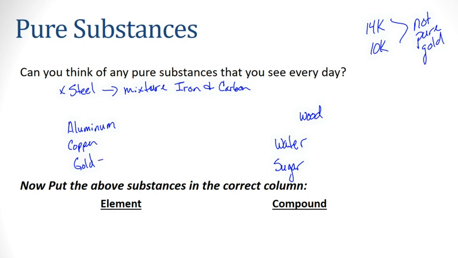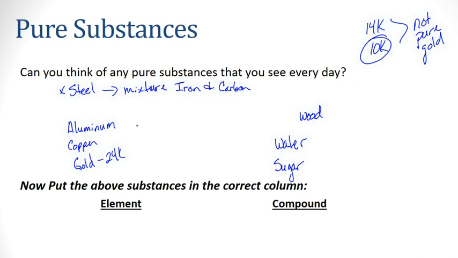Right, so gold would have to be 24 karat to be pure. Very expensive and very bendable. So most rings will be made out of 10 karat because they add other metals to make it stronger. If you had a bendy ring on your hand and you hit your hand on the desk or something, the ring's going to bend on your hand. That's no good, right? You want something a little stronger.